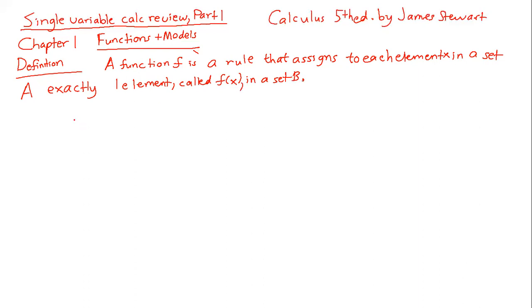And so often we consider that A and B are comprised of real numbers. So we would write something like A is a subset of all of the reals, and same thing for B. So it's either a subset of, or it could also be actually fully the set of the reals. And so set A is what we call the domain of a function.